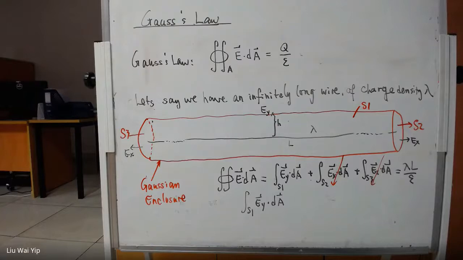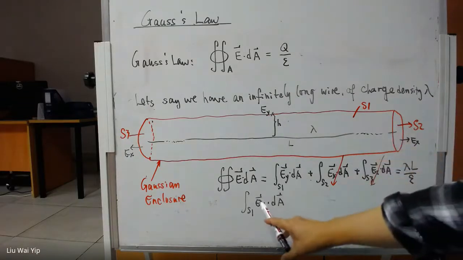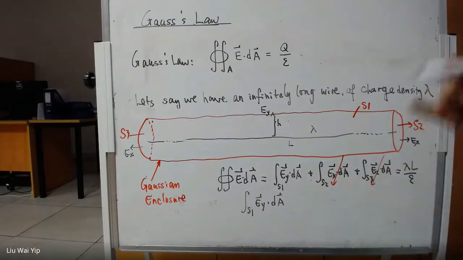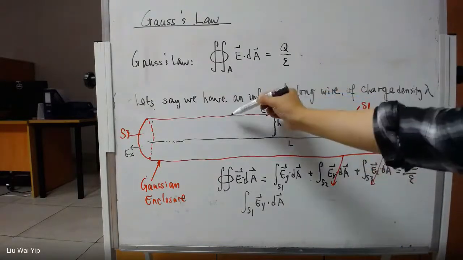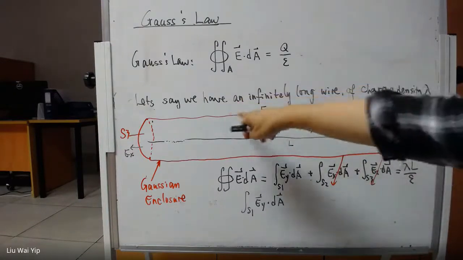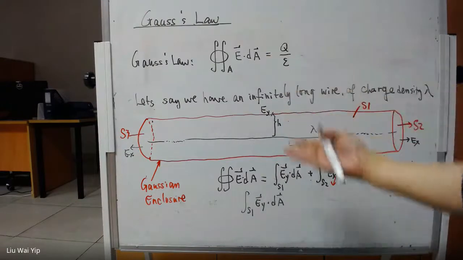And now, let's examine what this term is. You have the electric field vector here, times the area. And the electric field is going to be the same everywhere on the lateral surface of this cylinder.